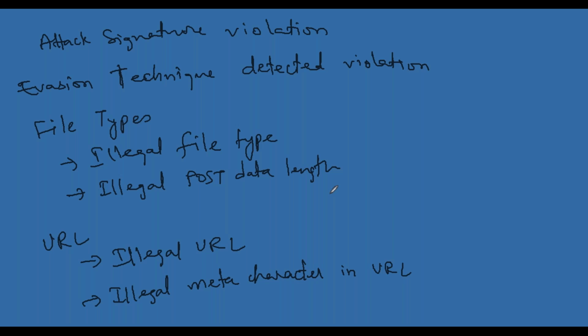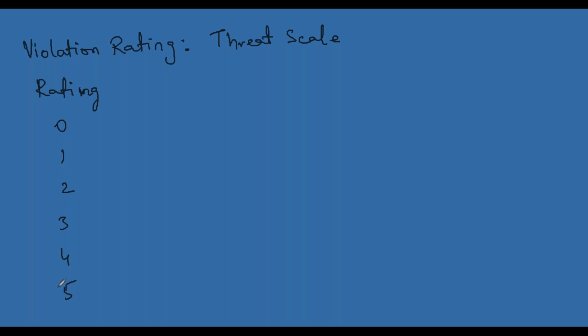So each violation that you find in ASM is given a specific rating. This is nothing but a threat scale, and the rating starts from 0, 1, 2, 3, 4, and 5. 0 to 5.